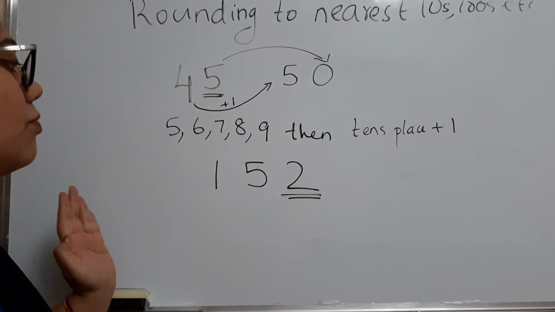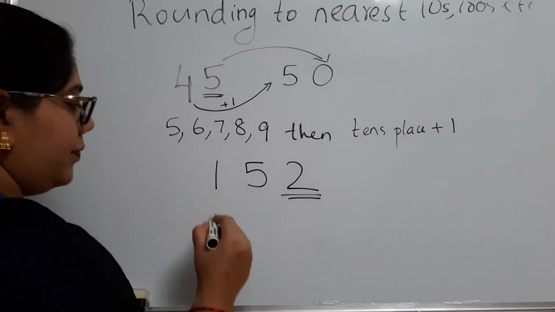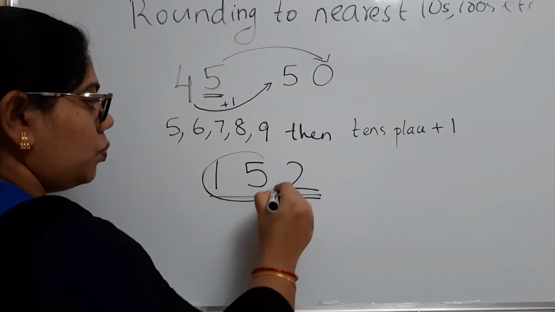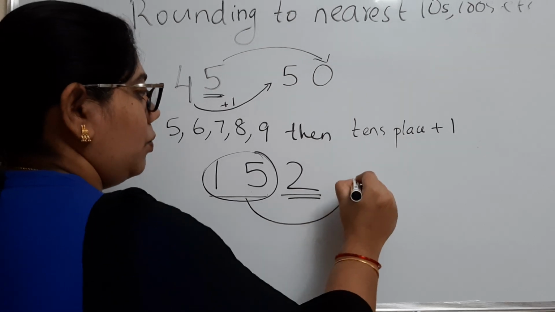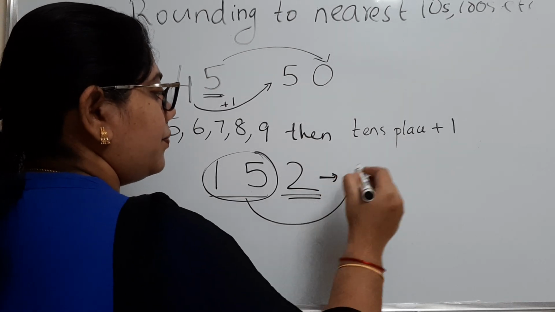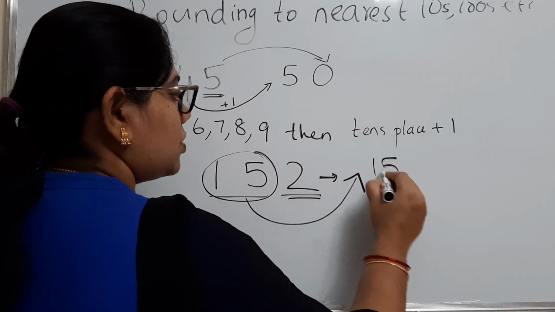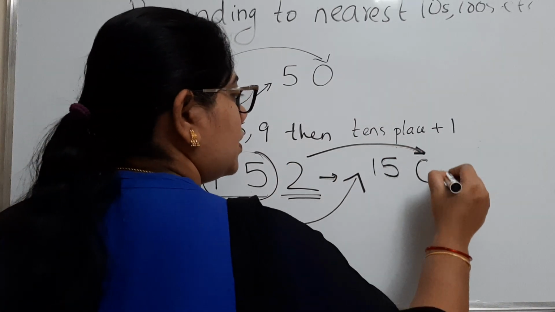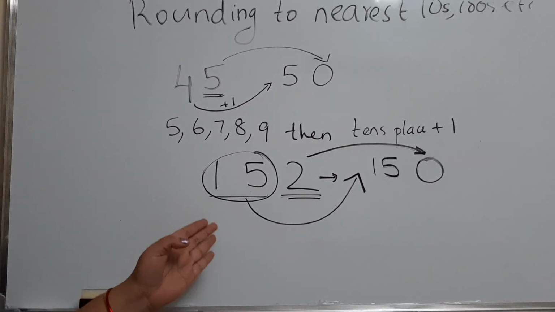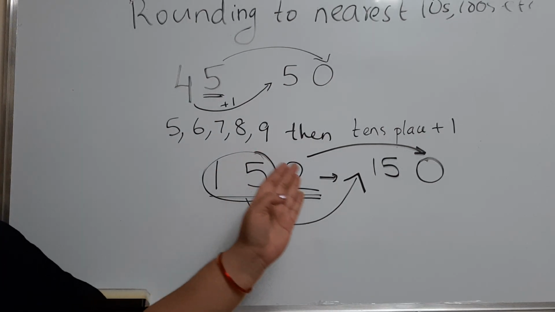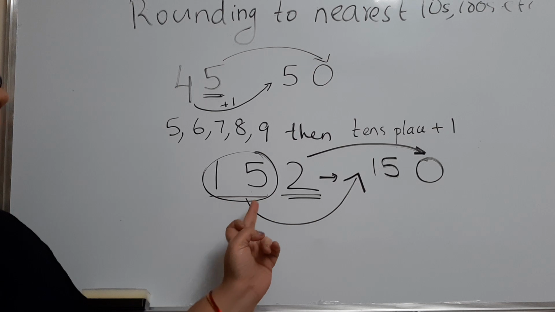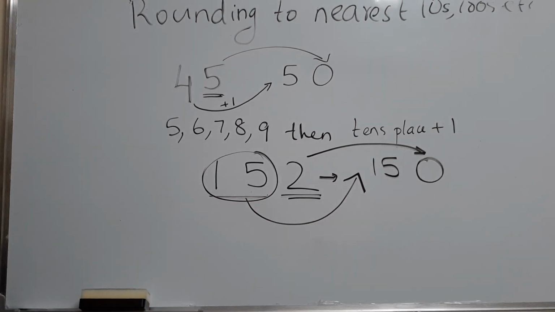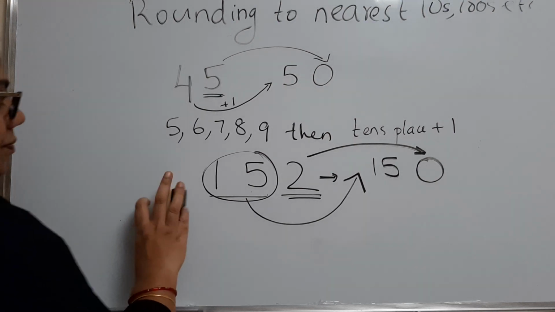It is less than 5. So whatever is before this ones place, you want to write it the same, and the ones place will become 0. So the rounding to nearest tens for 152 is 150.